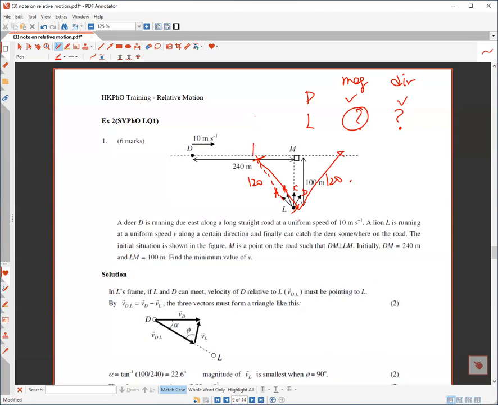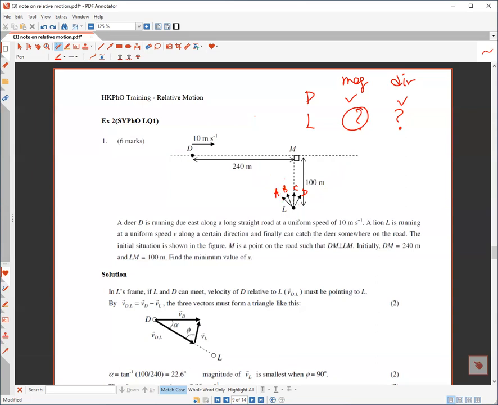Let's say these two points are point A and point B. The lion can also catch up with the deer at these two points. Of course, A takes shorter time, which means the speed should be larger, so you won't choose this path. The only paths you choose from are C or D.